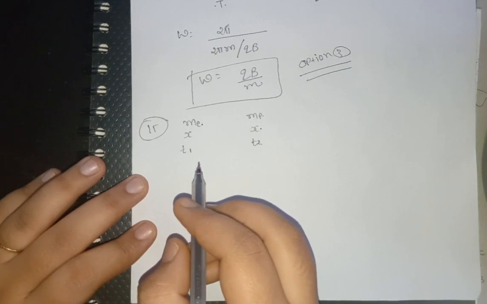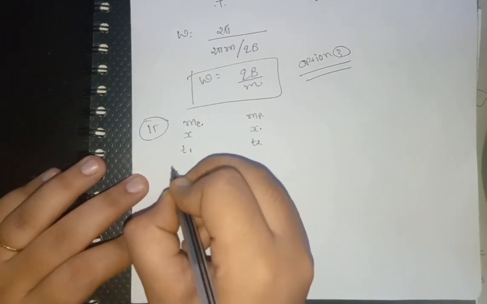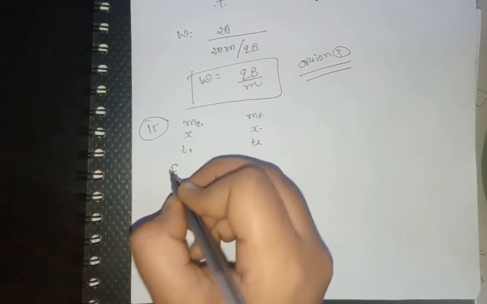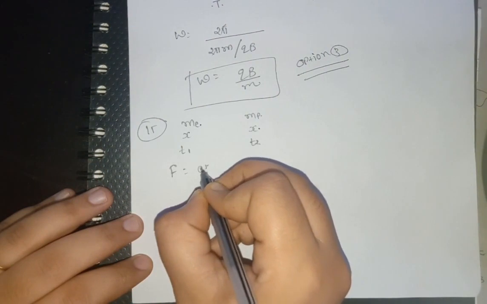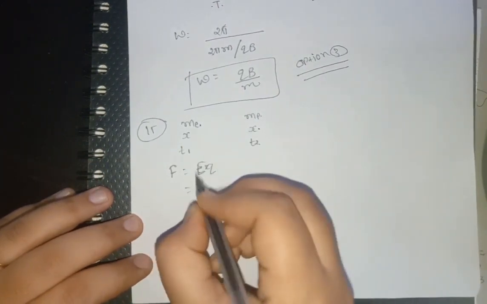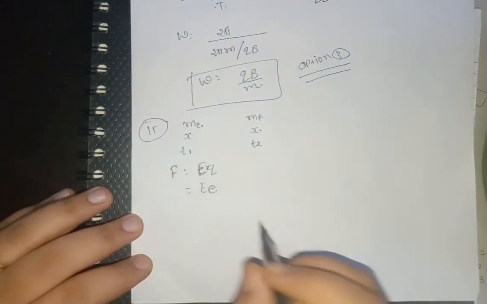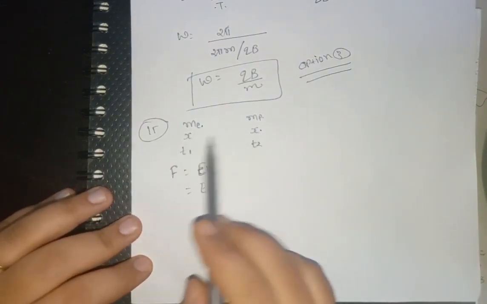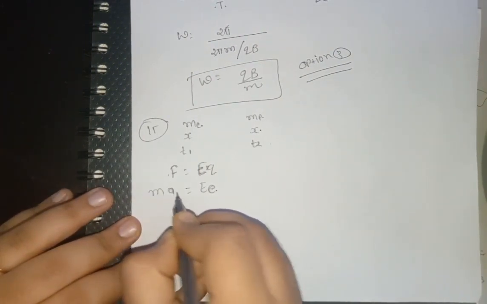The acceleration in an electric field can be found by writing the force equation. Force is equal to E Q, electric field into charge. Charge on both of them is e, so F is equal to E into e. So force on both of them will be equal, and F can be written as m a.